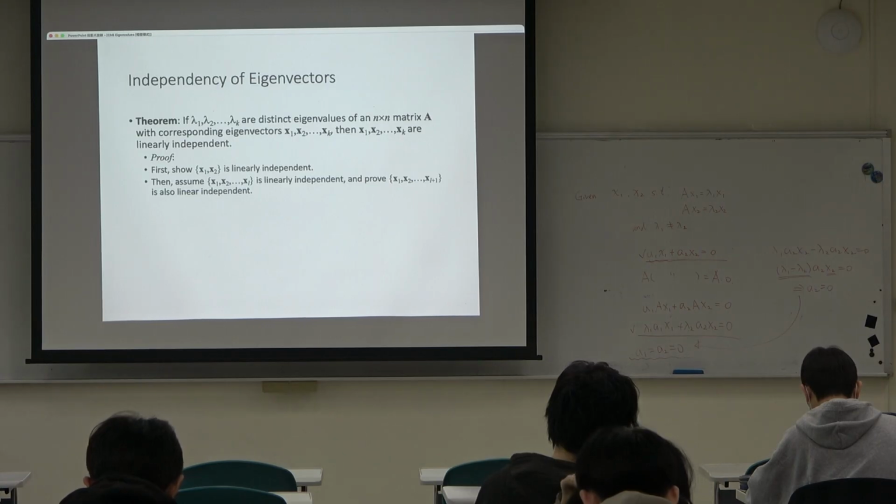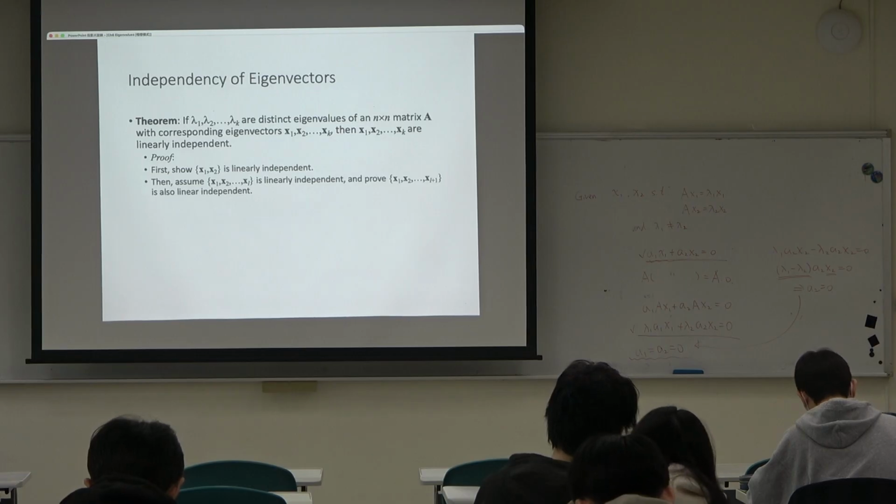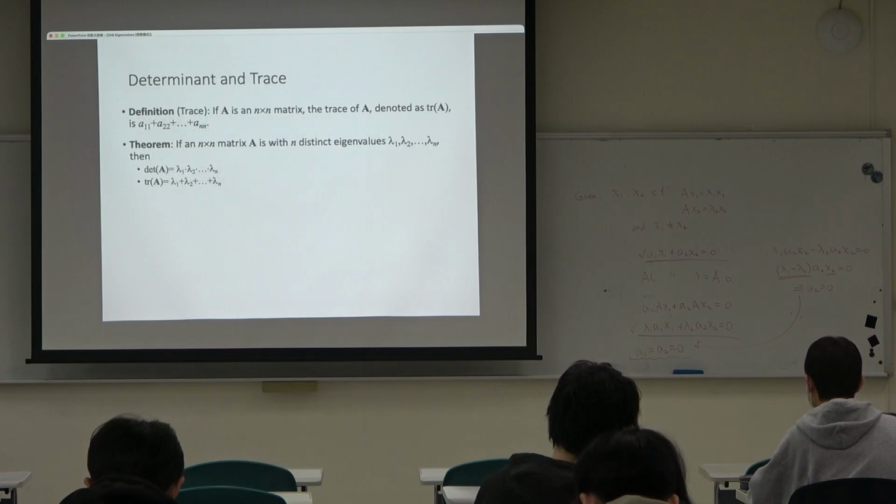So for any k, as long as these k eigenvectors have distinct eigenvalues, they must be linearly independent. So this is a very interesting property. The second one is even more interesting, but it's a little bit tricky.